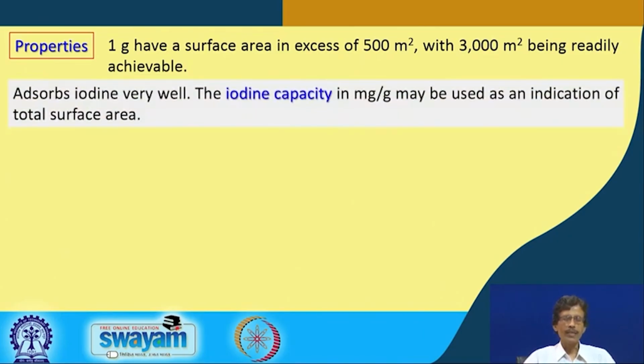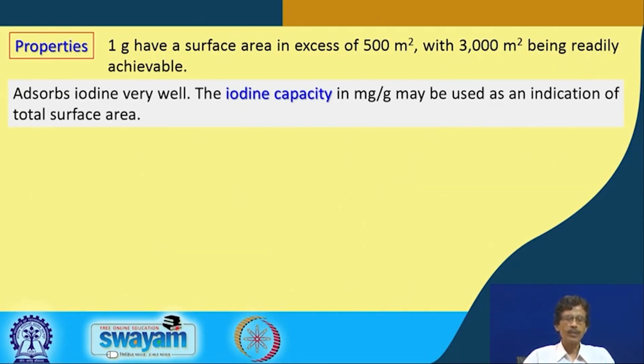Once we find that we have an activated charcoal in hand, we will try to check the activity, that is, the adsorption behavior, simply with iodine. We know that solid iodine can be sublimed very easily, so adsorption of iodine vapor can be considered.